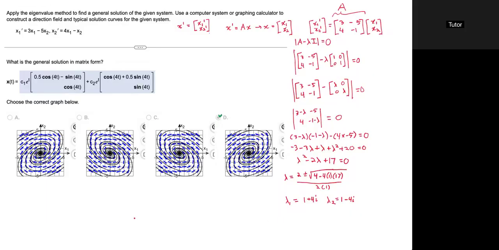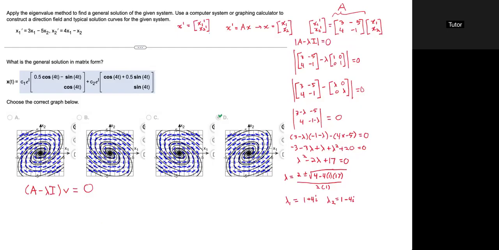Now, our next step is to find the eigenvectors. To do that, we note that the eigenvector equation is A minus lambda I times the eigenvector equals 0. Our eigenvector v has to satisfy this equation, but it cannot be 0. It must be non-zero.